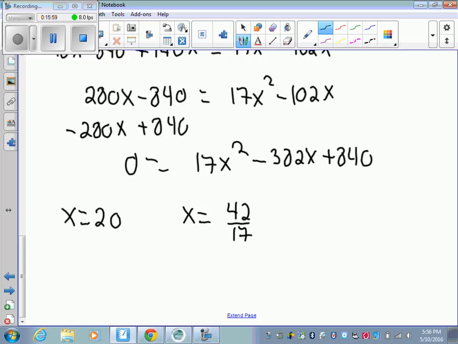Okay, so at this point we should check to see that they don't meet any non-permissibles, which they don't. But we also want to make sure that they also make sense. When you check them, they both might work, left side, right side, but let's see if it actually makes sense.